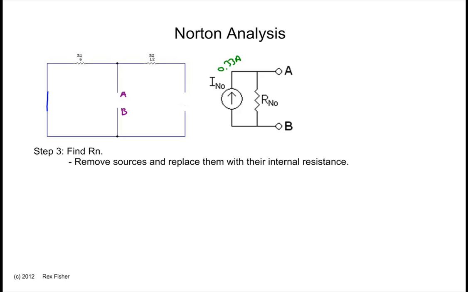If we observe carefully, we see that the path from A to B is broken here, so that's an infinite resistance along this path to B. If we look along this path, we see that it's only 6 ohms. So 6 ohms in parallel with infinity is 6 ohms.